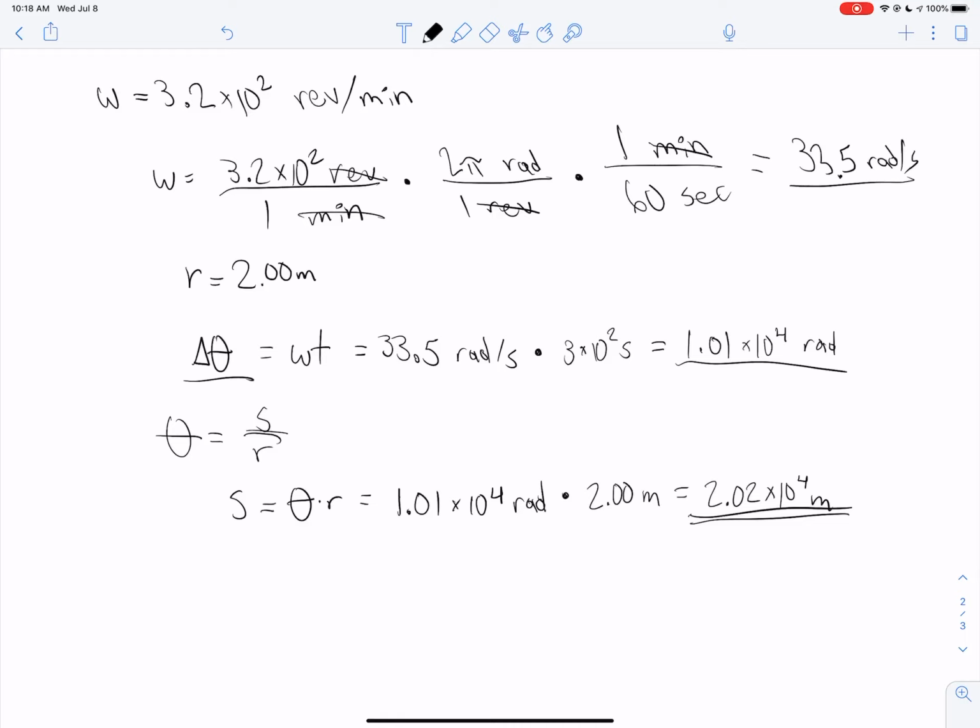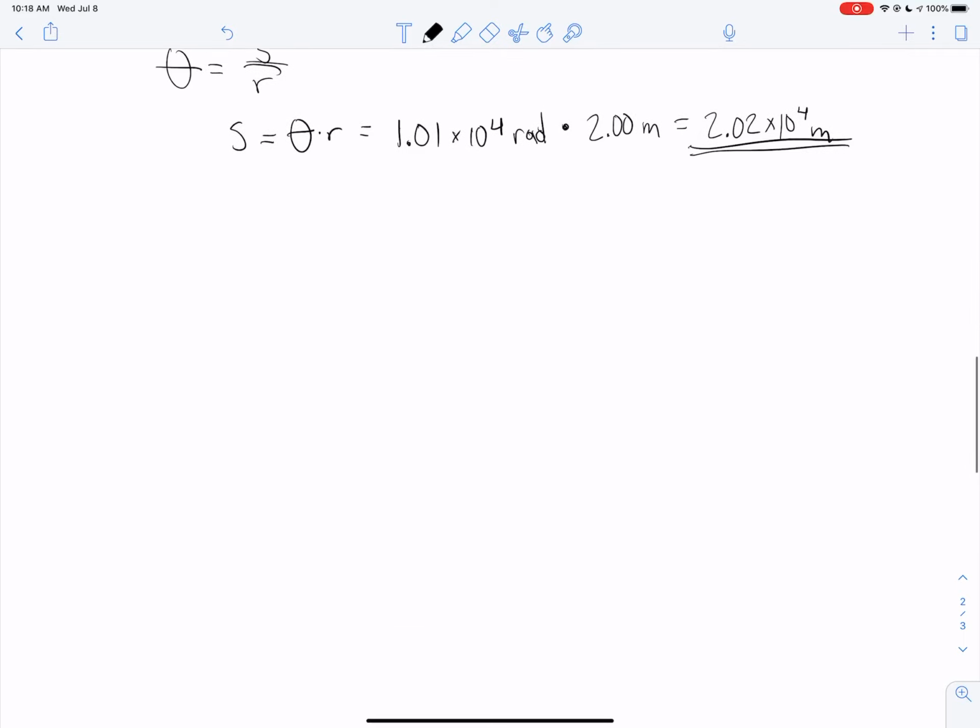Moving on, our next problem to tackle is that of rotational acceleration. Similar to linear, where acceleration is equal to v over t, in rotational we're going to have the symbol alpha equal to omega over t, more specifically the change in omega over the change in t.